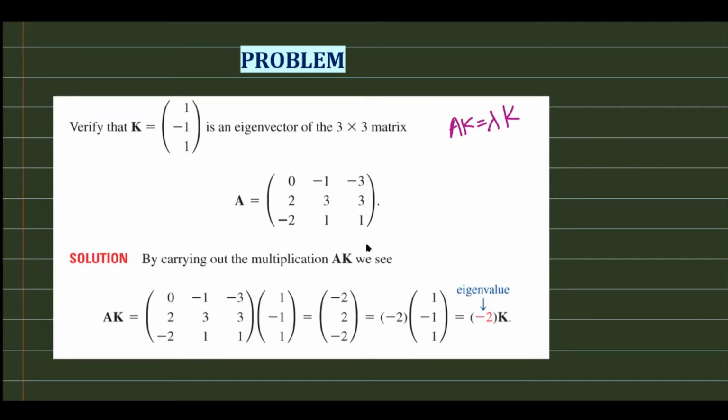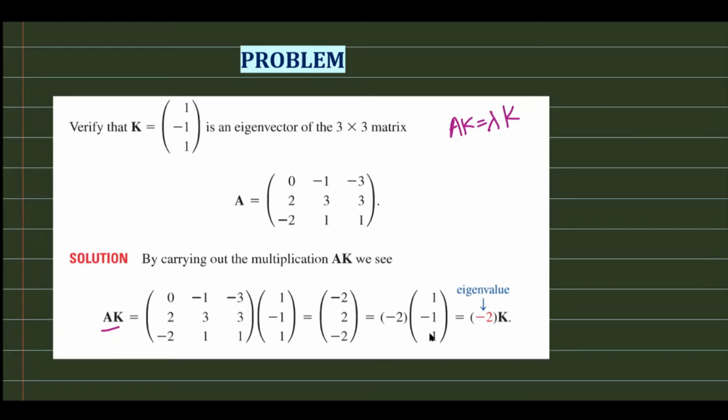So we will see what AK is. A into the matrix K. When we do the matrix multiplication here, we get (-2, 2, -2). Now we see that we can take -2 outside. So we get -2 times (1, -1, 1).